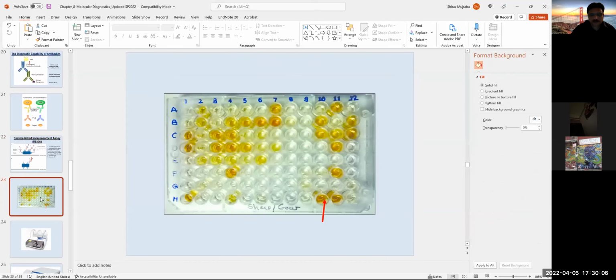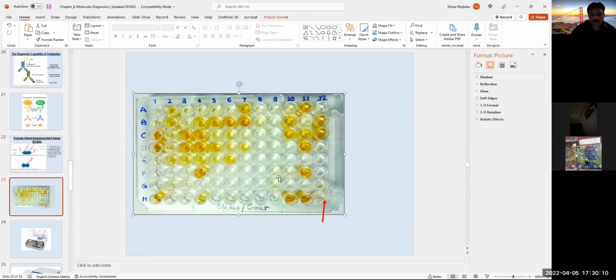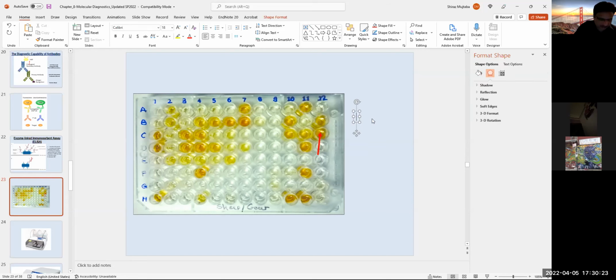So try to understand this plate. This is the brown color, right? Or yellowish, dark yellowish color. This dark color occurs because here the enzyme and substrate reacted to make a product.